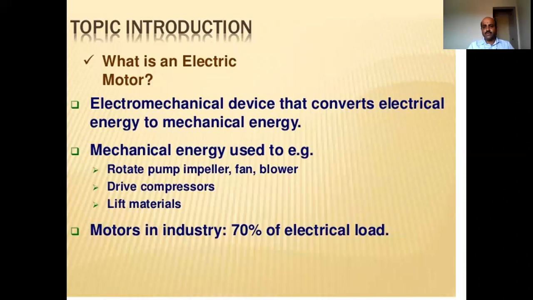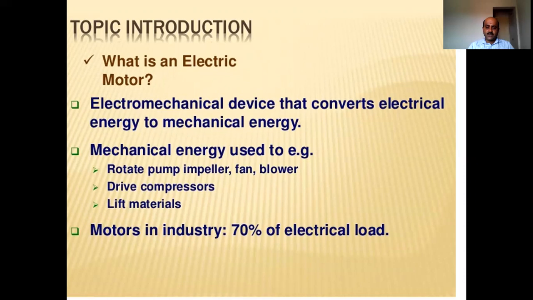Of course, there are plenty of applications where we use mechanical energy, and this mechanical energy is obtained from electrical energy. This conversion of electrical energy to mechanical energy, used for various purposes, is what we call an electric motor.